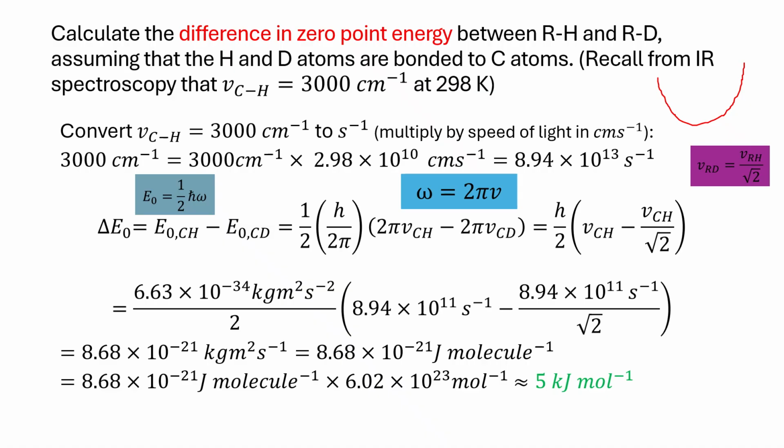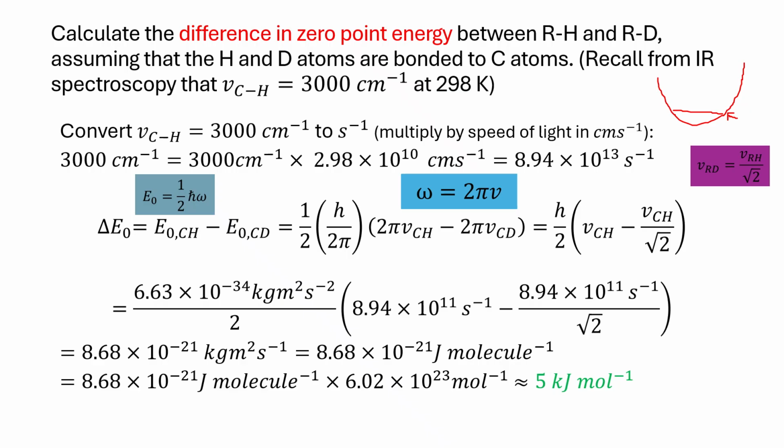Then the zero-point energy for RH is at the vibrational quantum number equal to 0, which is the ground state, and the energy value at this level is known as the zero-point energy.